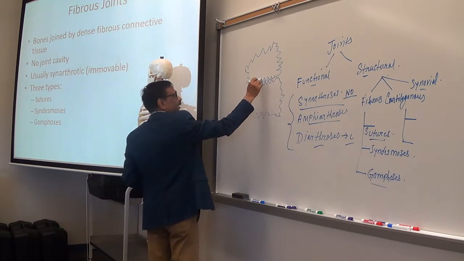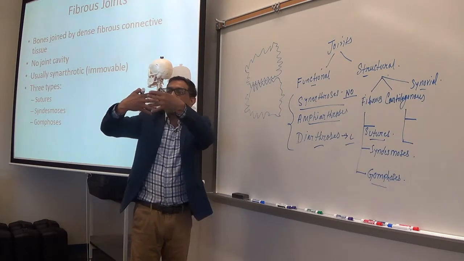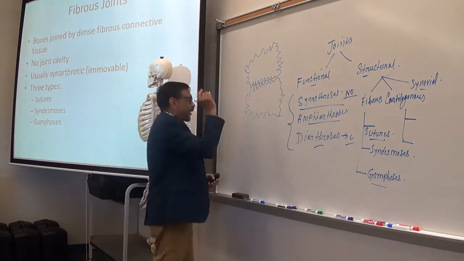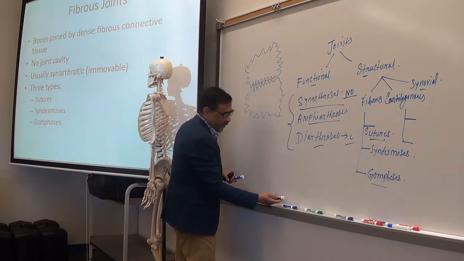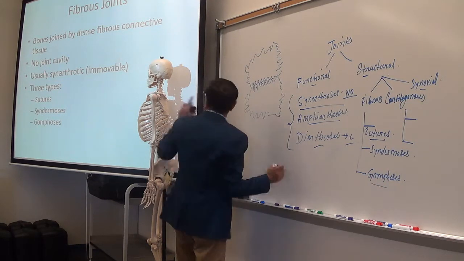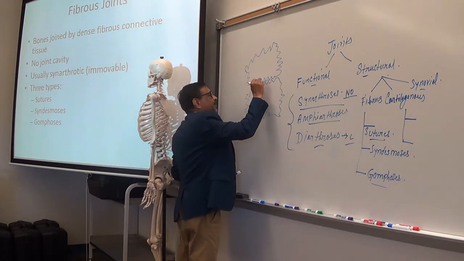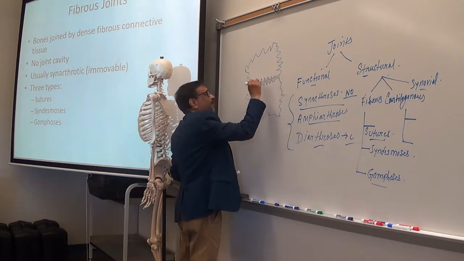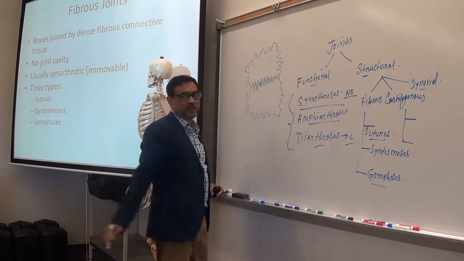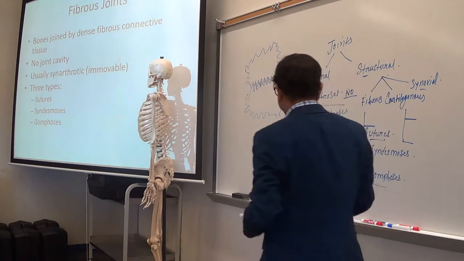And you see the bones are attached like this. But in between the bones, if you see under a microscope, this area, this joint, you'll see many short fibers. So that's why this belongs to fibrous, one type of fibrous joint.